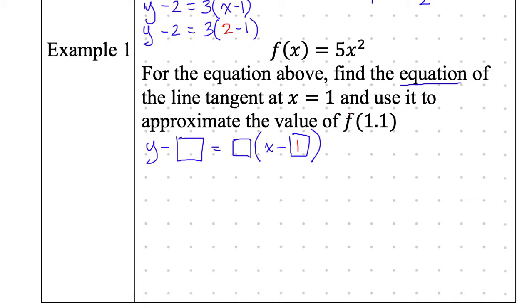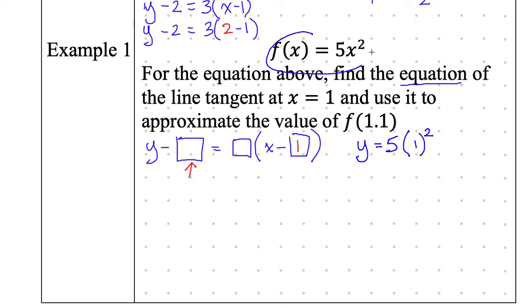So we can figure out y pretty quickly. If I plug x equal to 1 into our equation, that will pop out a y. So let's do that really quickly. Over here on the side notes, we can say that y is equal to 5, and then in the place of x, I'm plugging in 1 squared.